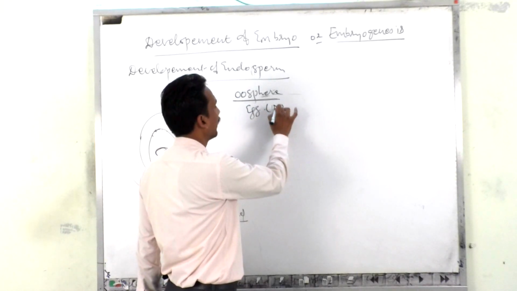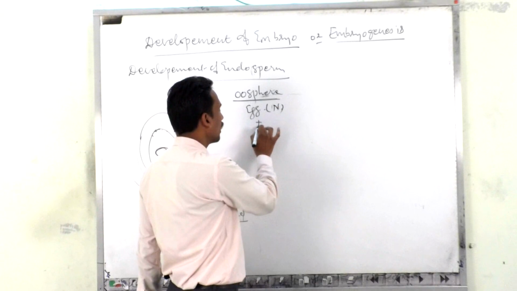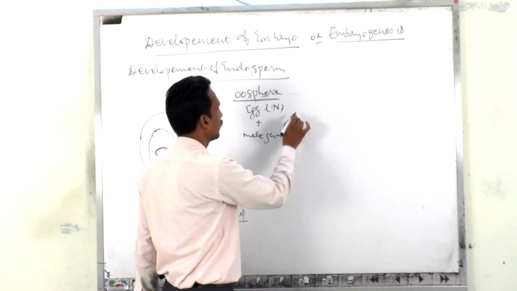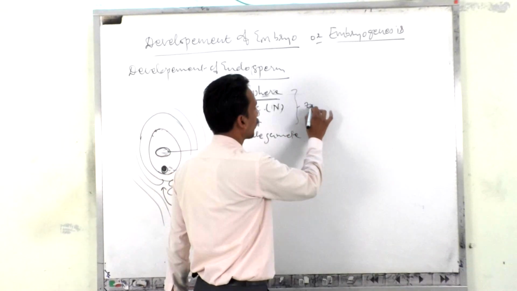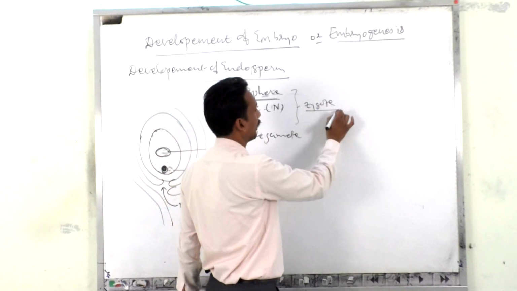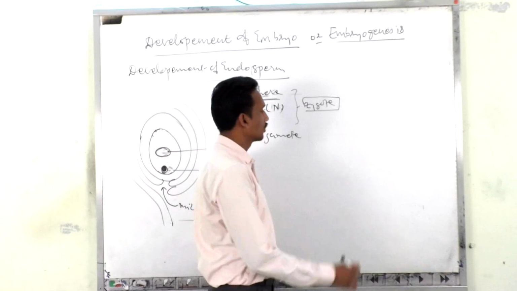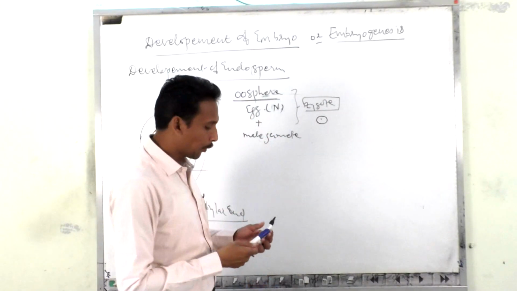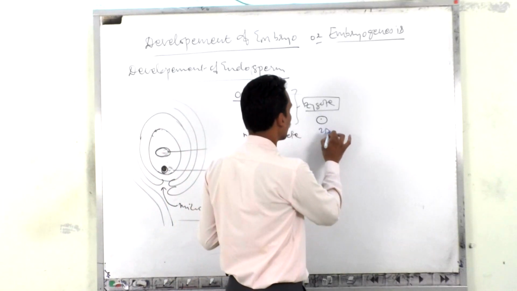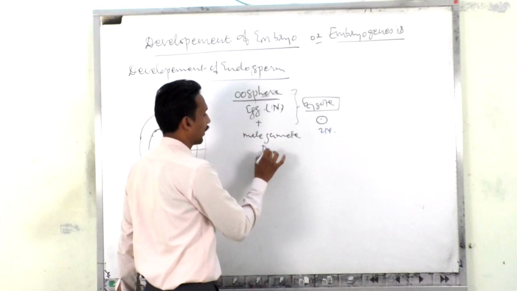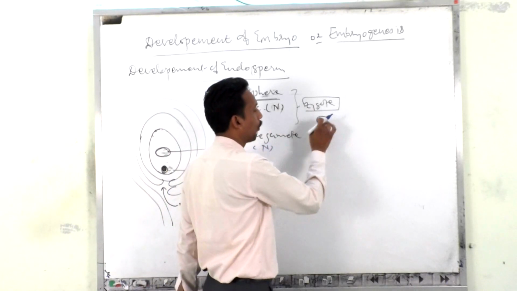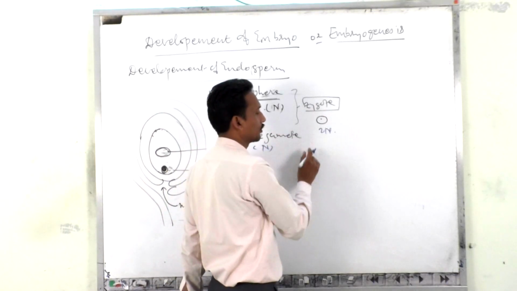With the fusion of the male gamete, अब इसके साथ male gamete fuse होने के बाद, it is going to produce the zygote. अब ये जो zygote होता है तैयार, suppose this one is the zygote which has been produced. This zygote is diploid in nature, अब ये diploid है. This one is a haploid structure, this is also a haploid. Both get fused and form the zygote, which is a diploid structure.